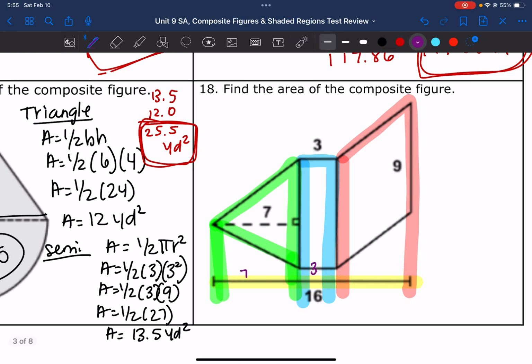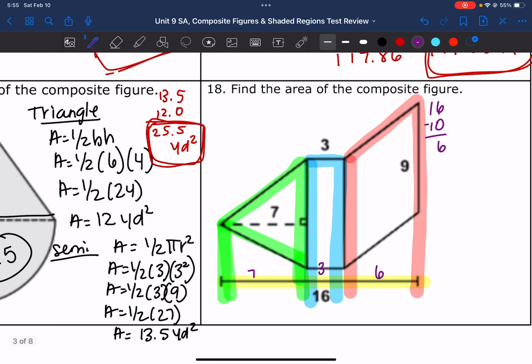So what I'm going to do is take 16 minus 10, and that's going to give me 6. So this last remaining piece is 6. Now I know the height of the triangle, the base of the rectangle, and the base of the parallelogram.